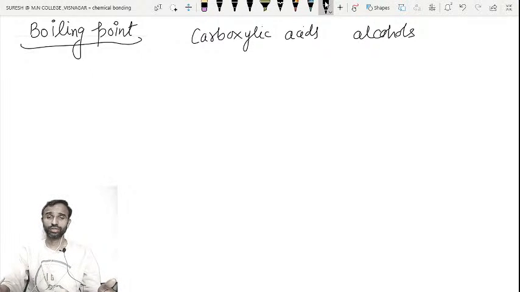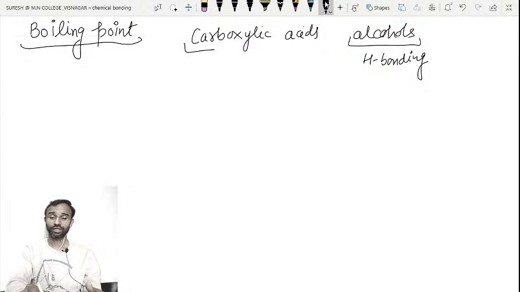Aldehydes and ketones have higher boiling point than ethers or hydrocarbons because alcohols involve hydrogen bonding. Carboxylic acids also involve hydrogen bonding.